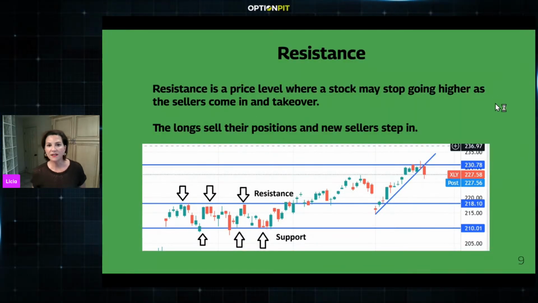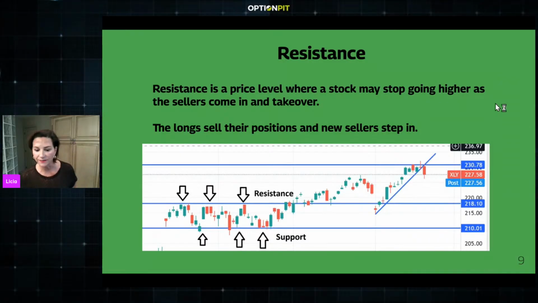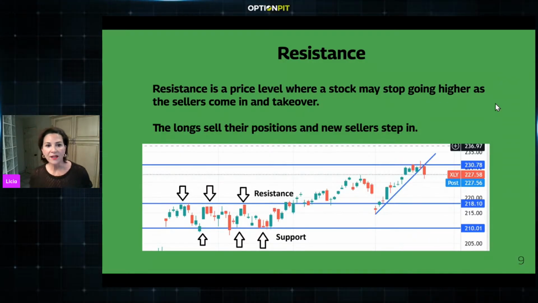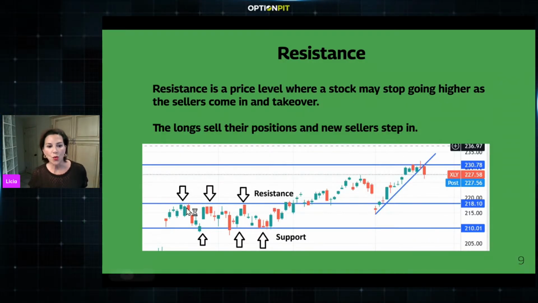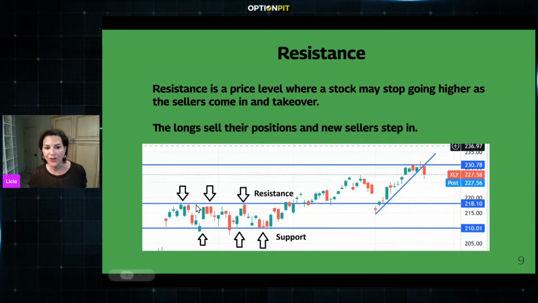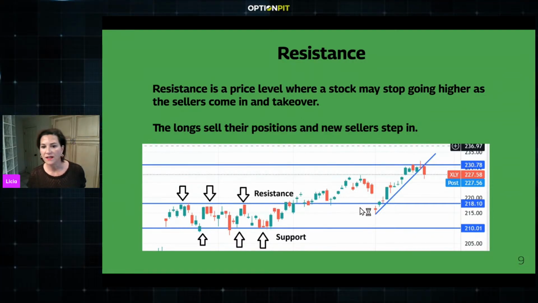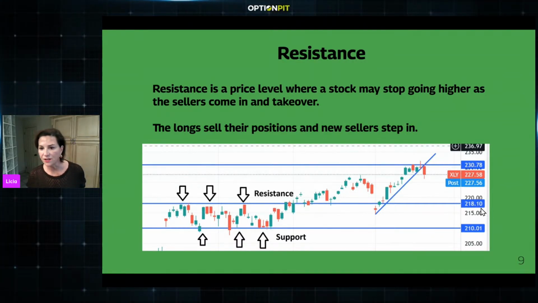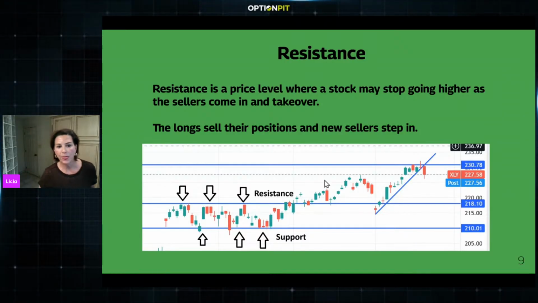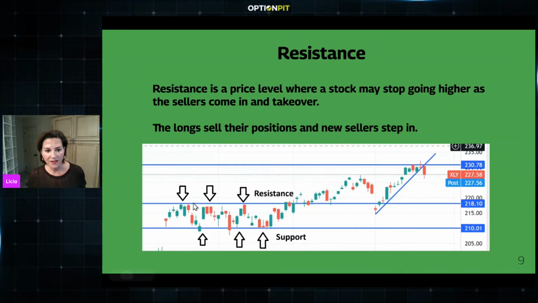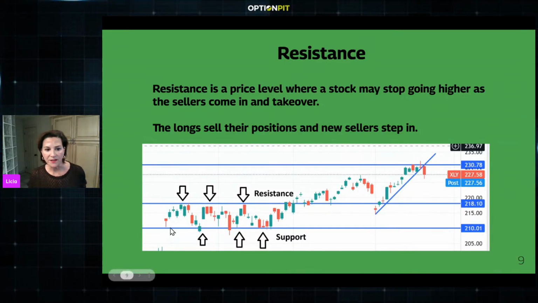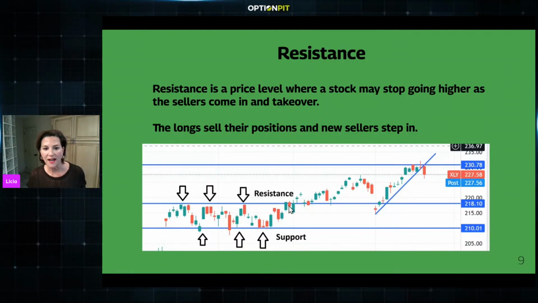Resistance is the same idea, only on the upside. On the upside, the stock cannot break through that price level. And XLY, in this case, it's at 218.10. Now, this is a month and a half, mid-May to July.